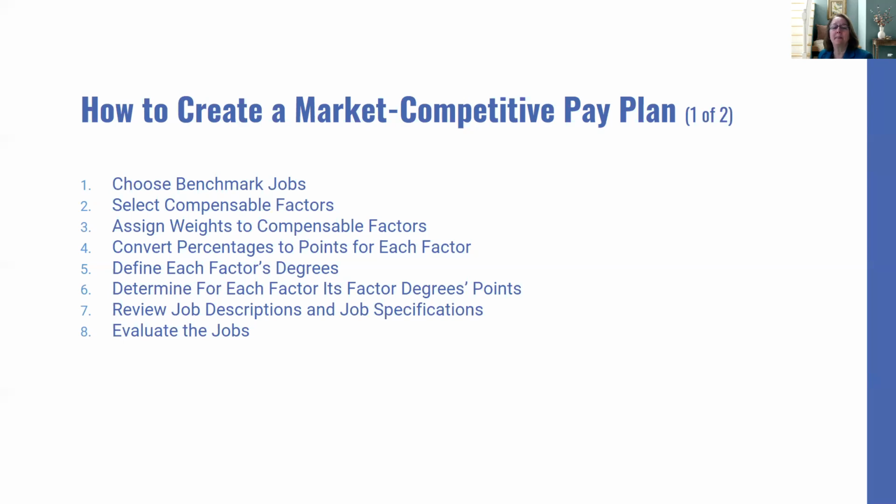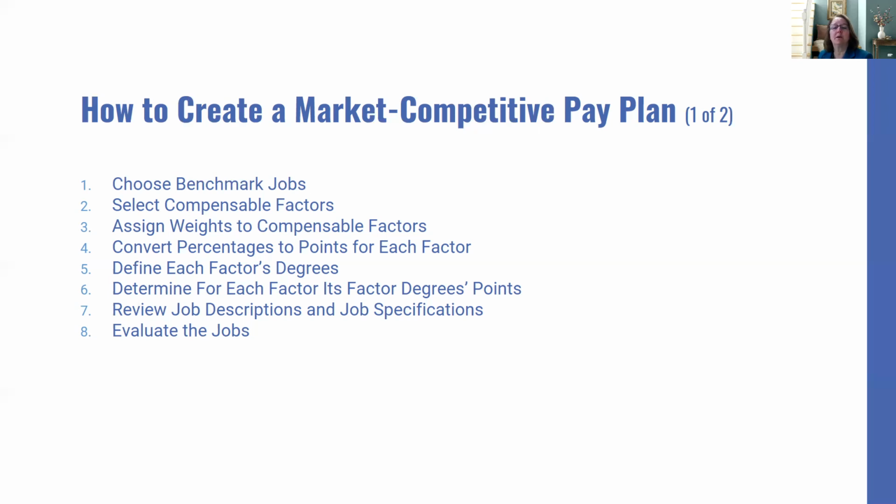Because the point method or point factor method is so popular, we're going to use this as an example here. So the 16 steps in creating a market competitive pay plan start with 1, choose the benchmark jobs.